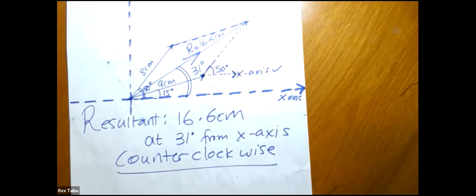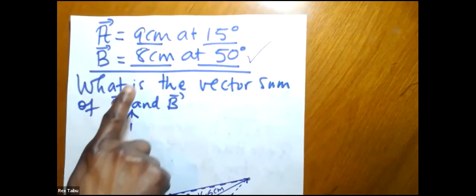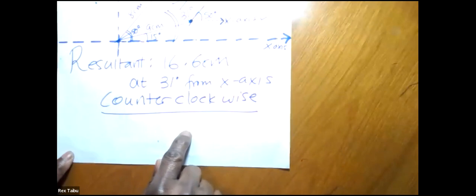All right, so that's what we see there. Now let's check using our online calculator to see if indeed the result of adding 9 centimeters at 15 degrees and 8 centimeters at 50 degrees is equal to 16.6 at 31 degrees.